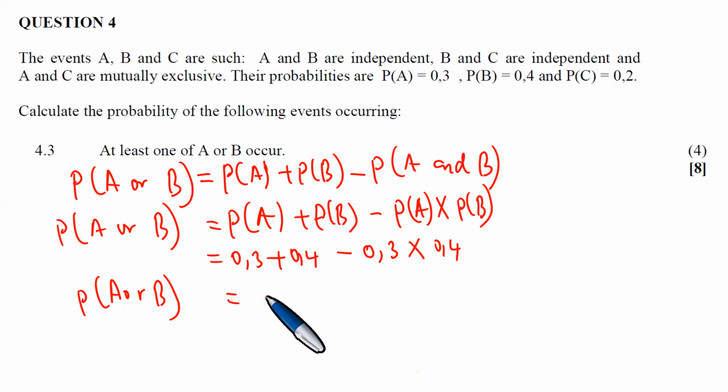Right, so what is the answer to this? 0.3 plus 0.4 is actually 0.7. 0.3 times 0.4 is 0.12.